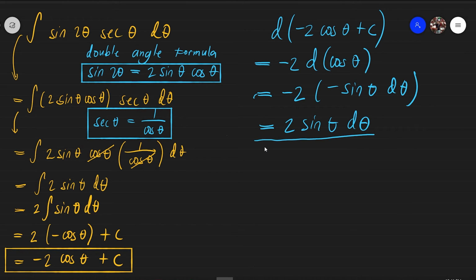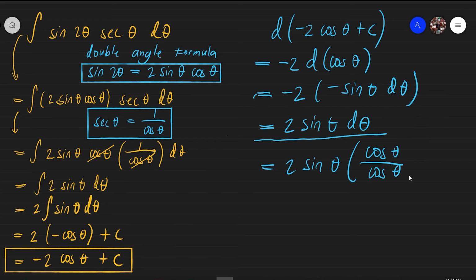Now we can stop there, but since we cannot see that this is equal to sine 2 theta secant theta d theta, we have to manipulate this function in order for us to arrive at the original given function. Okay? So let us try to do that. What I'm going to do here is multiply this by cosine over cosine. So this is equal to 2 sine theta, multiplied by cosine theta over cosine theta.